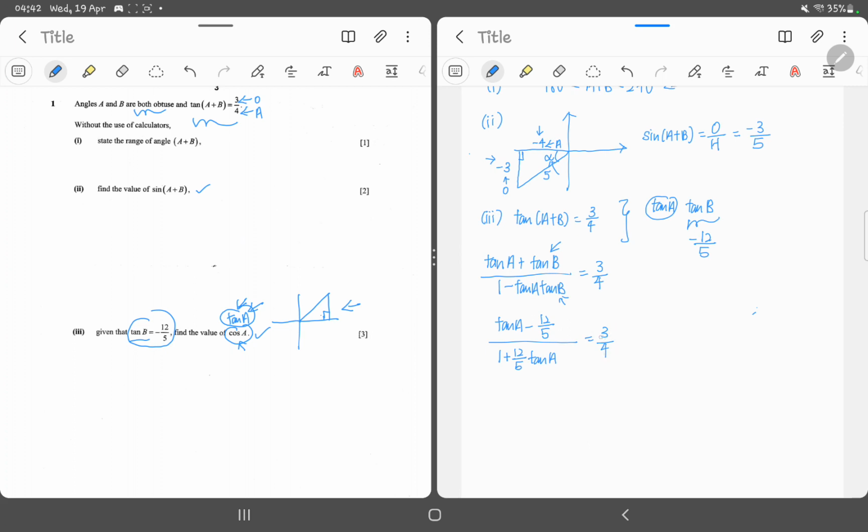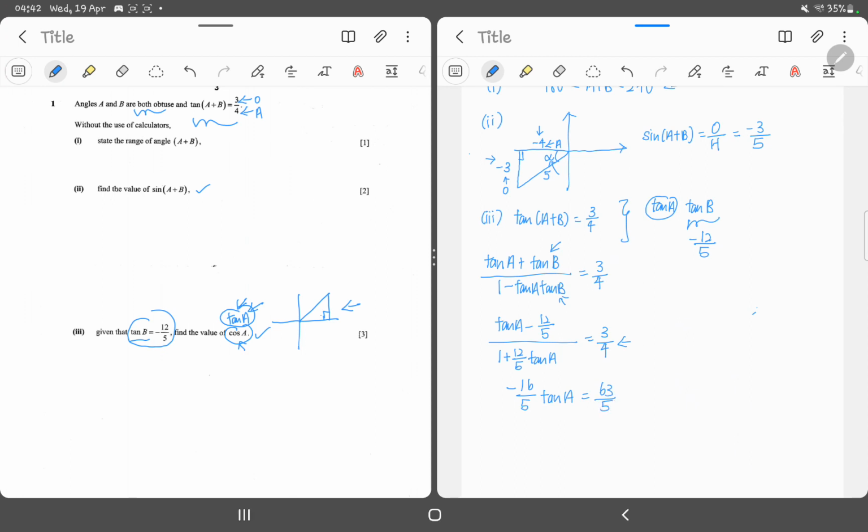Which means now in my equation the only unknown is tangent A, and I can solve for tangent A. So simplifying this, we get minus 16 over 5 tangent A equals 63 over 5.